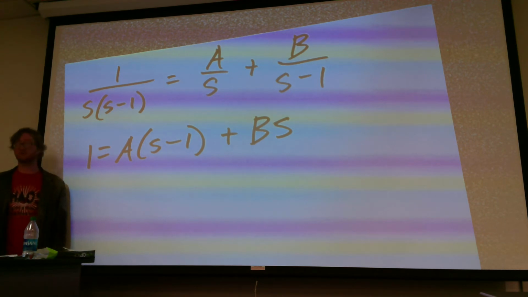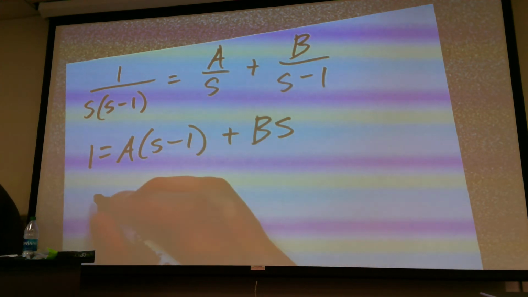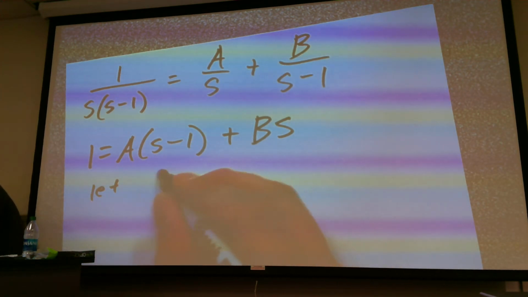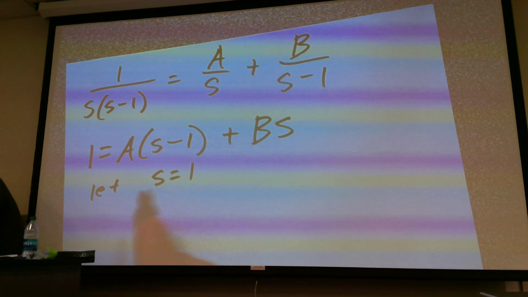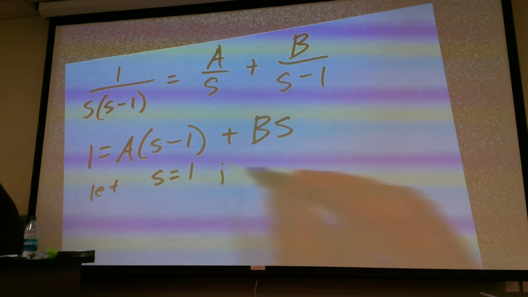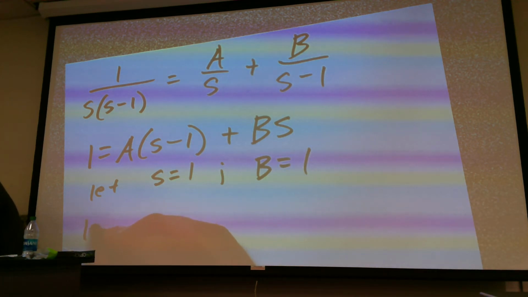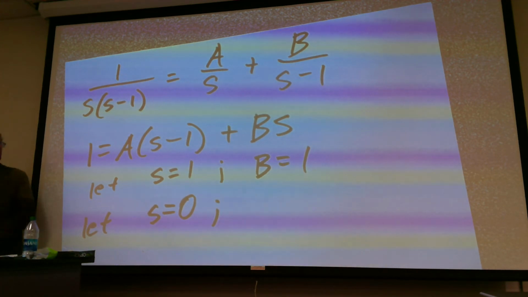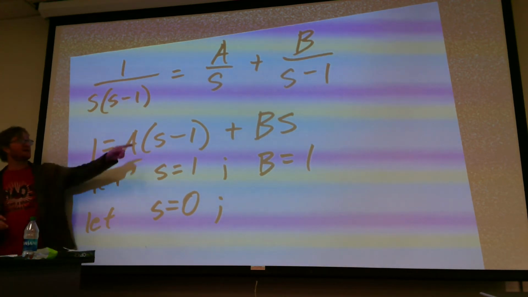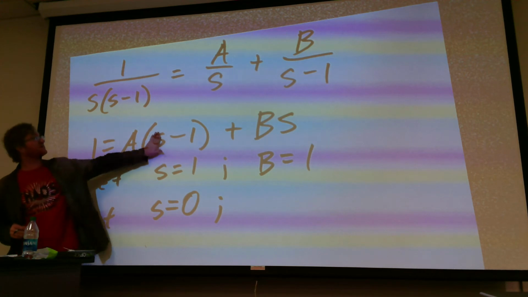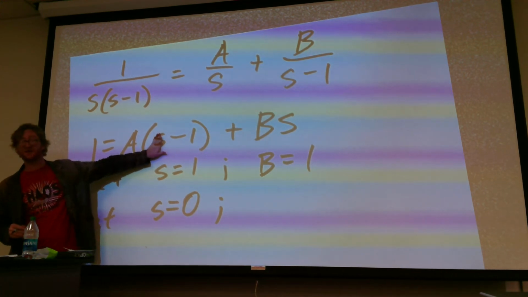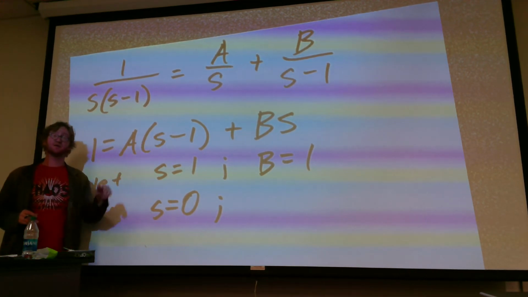This one's pretty straightforward, so let's just choose the values. If I let s equal 1, this term is going to completely disappear, and I'm just going to get that B equals 1. If I let s equal 0, that B is going to disappear, and I'm going to have a negative 1 right here. So that's going to give me that A is going to equal negative 1.